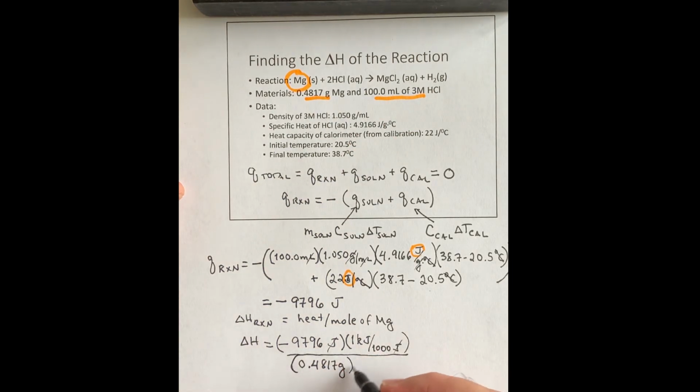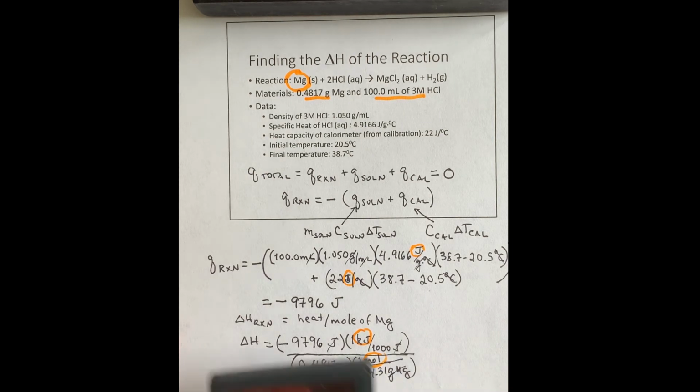And remember that 1 mole of magnesium is 24.31 grams. I'm going to write down here magnesium so that you're okay with that. And so the grams of magnesium will cancel out, and we're going to end up with units of kilojoules per mole of magnesium.